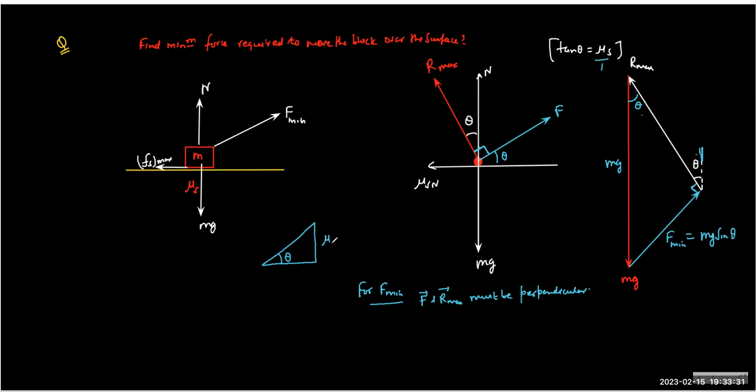So it's opposite over base. And sin theta is mu upon root of 1 plus mu square, which simply means F minimum will be mg into what we got here.